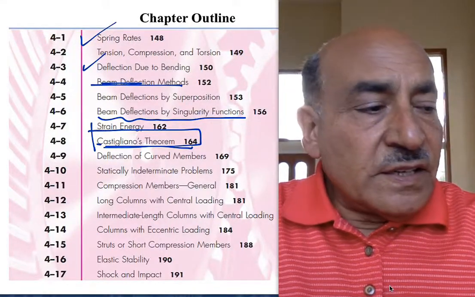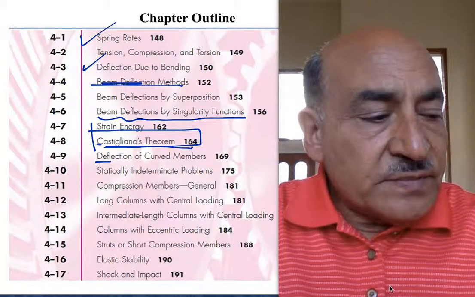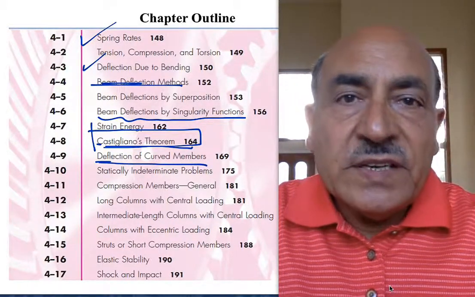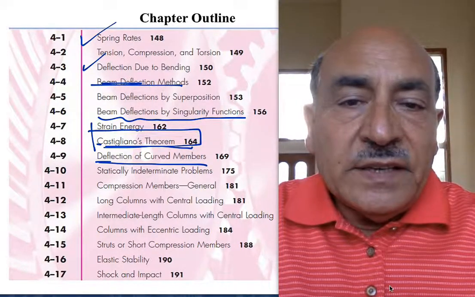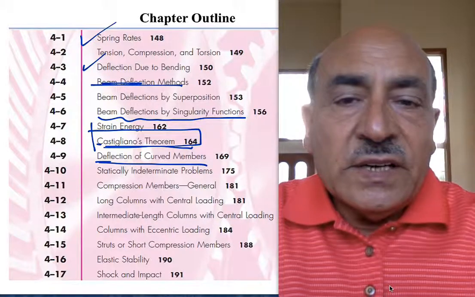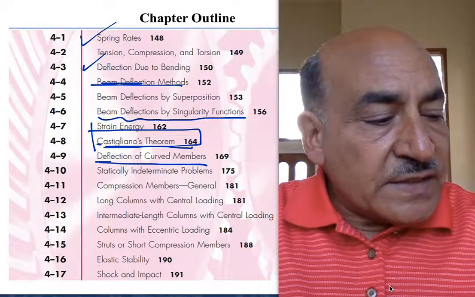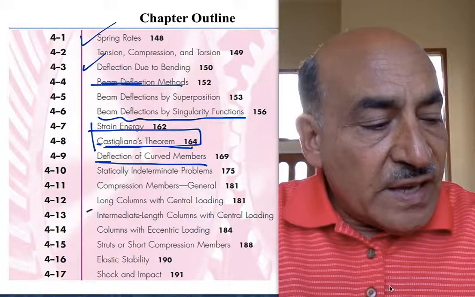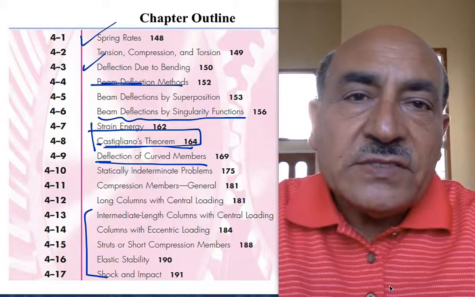We will then move on to study curved beams using also Castigliano's theorem, and then we will move on to look at elastic stability and buckling and shock and impact effects on beams.